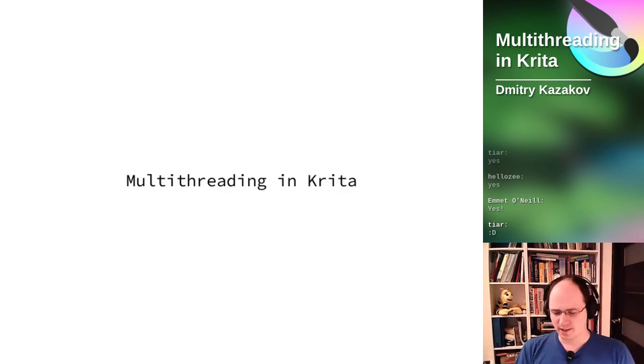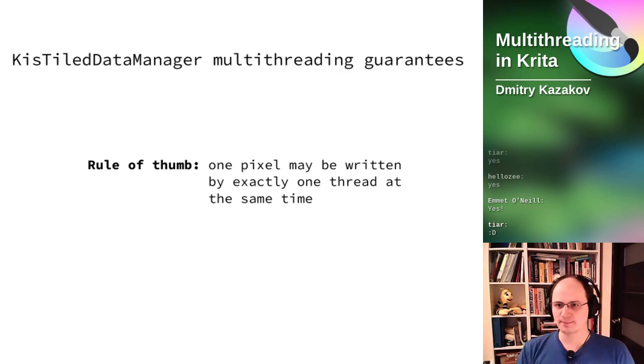supports multi-threaded access to pixels in it with only one limitation. And this is kind of a rule of thumb. When you access a Paint device or Data Manager, one pixel of this Paint device may be written by exactly one thread at the same time.